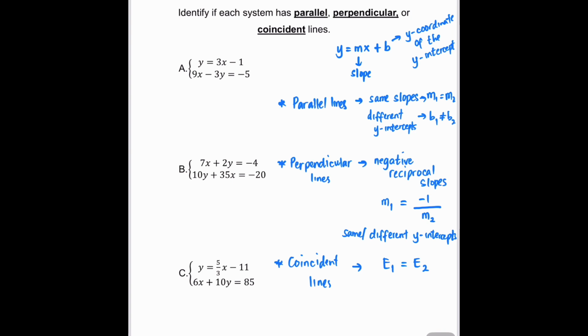So equation 1 will be equal to equation 2, which will lead to equal slopes and equal values of b, so b sub 1 will be equal to b sub 2. Based on these two conditions, we're definitely talking about the same exact equations. All right, so these are the concepts that we will be applying in answering the three questions here.